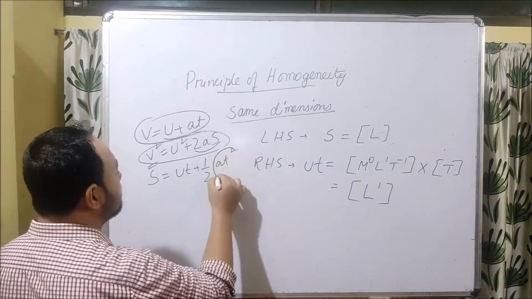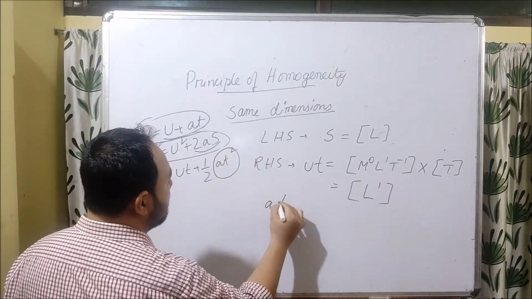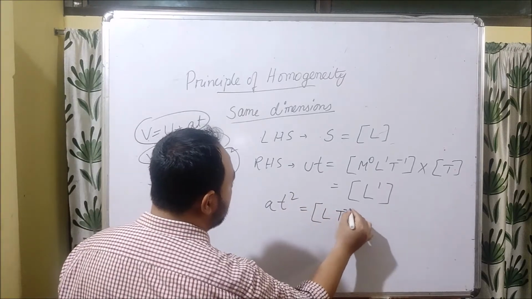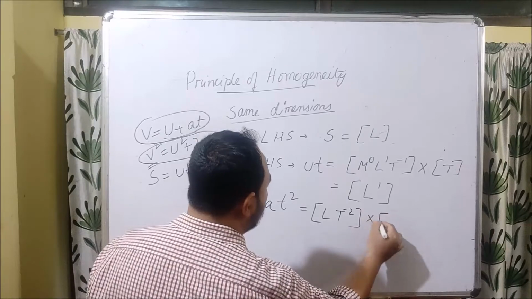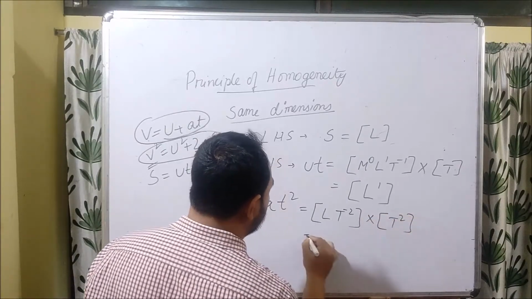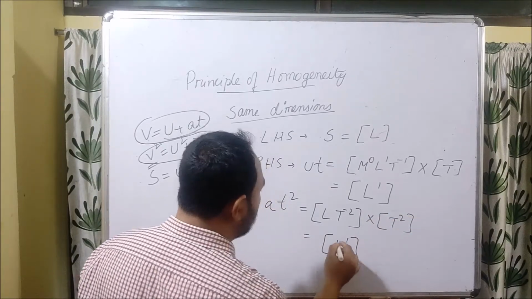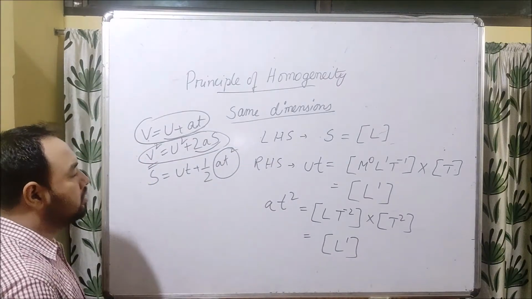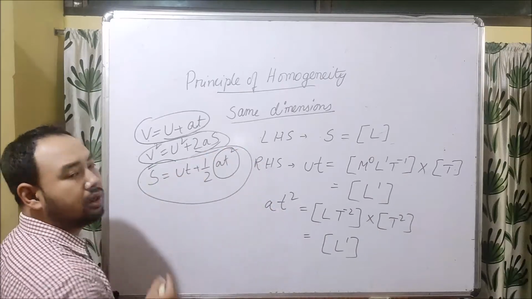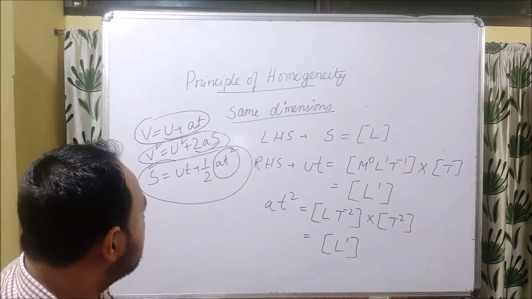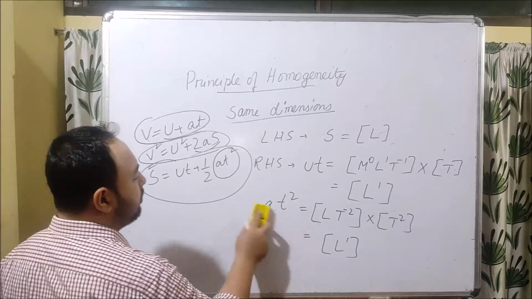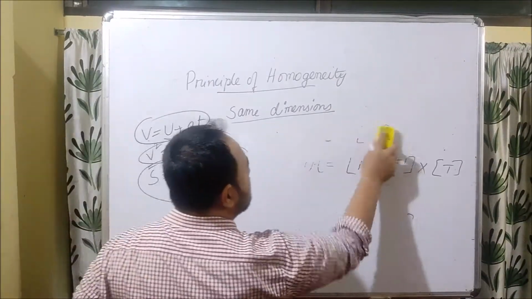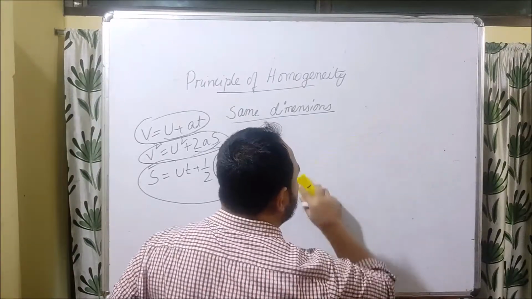Okay, and for the next term it is acceleration into t square. For acceleration it is L t minus 2 multiplied by time square. So you will get the same dimensional formula for all these terms. So these equations are correct dimensionally. If these terms had different dimensions, then these equations would not have become valid.